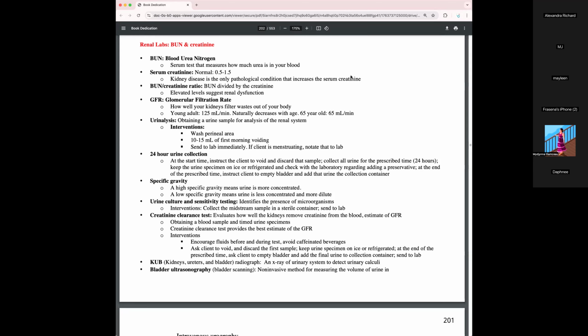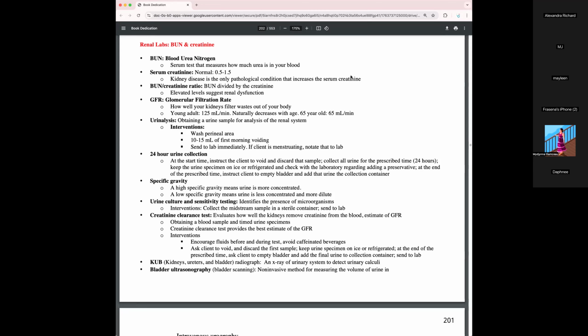BUN creatinine ratio, this is just taking the BUN and dividing it by the creatinine. And that's just another way that healthcare providers monitor kidney function. But remember, the two most common labs for kidney function are BUN and the serum creatinine. And which one is more sensitive to kidney function? Serum creatinine.